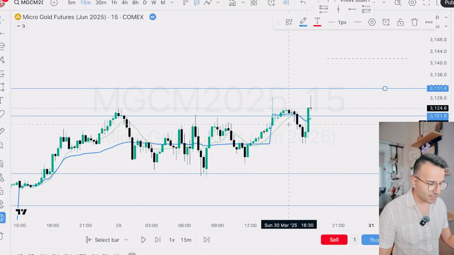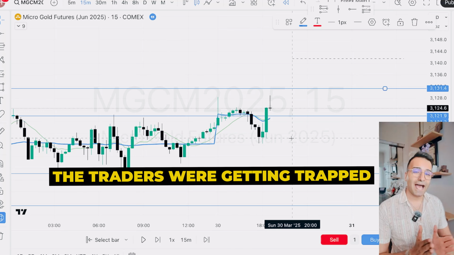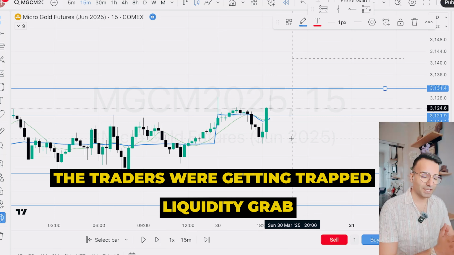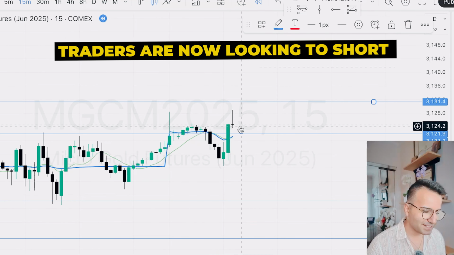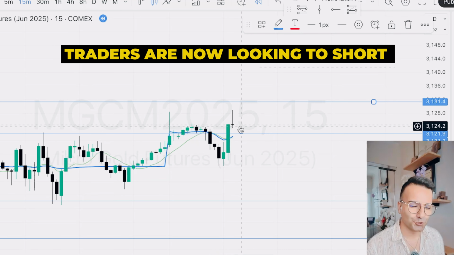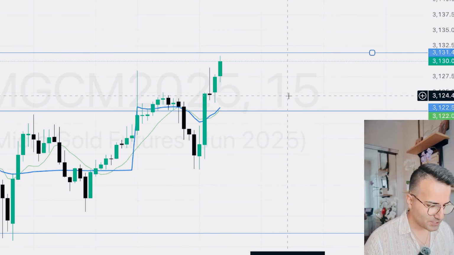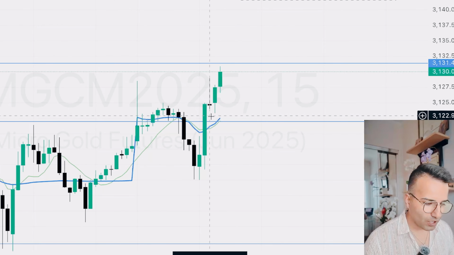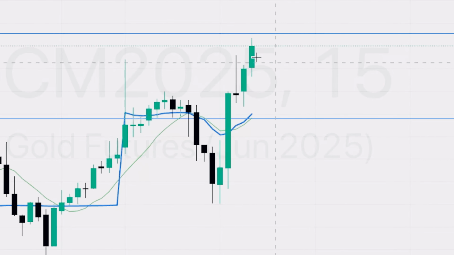Coming in, I was looking at an area where the traders were getting trapped and a liquidity grab for me to get in. We have this very bearish 15-minute candle. I know that a lot of the traders are now looking to short. We go to the next candle here. Boom. Now we see a liquidity grab, right? This candle came, grabbed all of the liquidity from here and pushed right above. This is what I mean by trap.